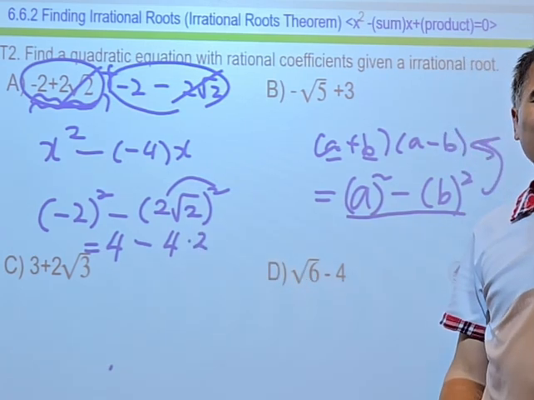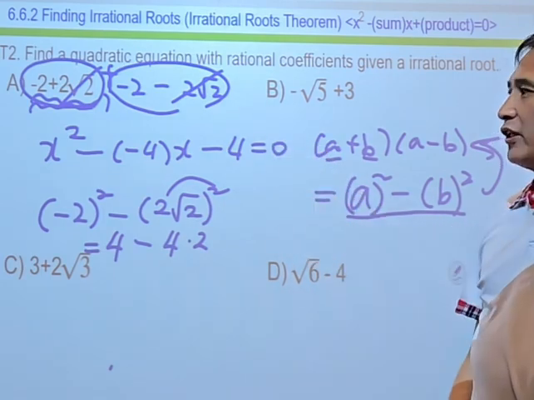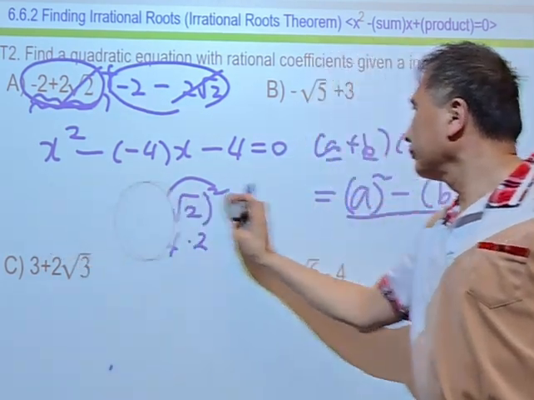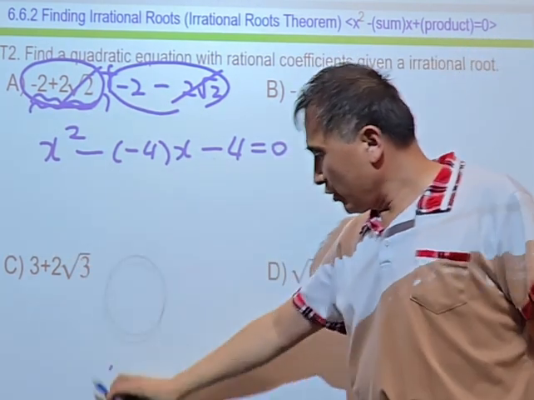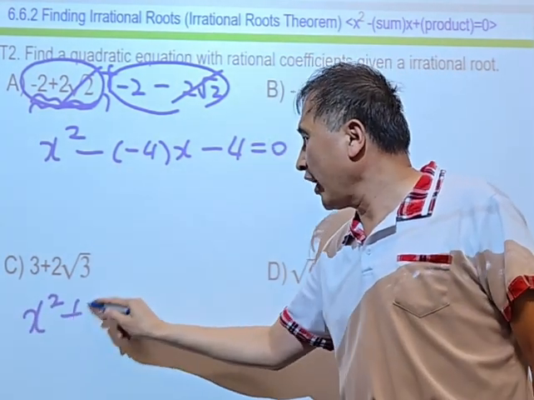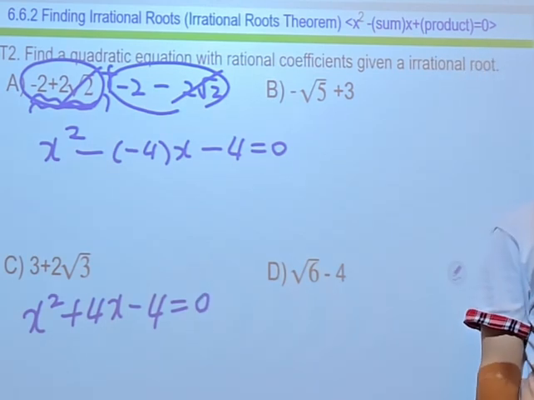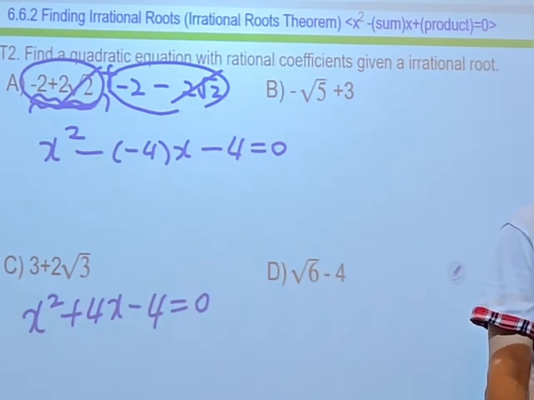So 4 minus 8 is negative 4. You can find the answer like that right away. So the final answer: x squared plus 4x minus 4 equals 0. You'll find the answer like that right away.